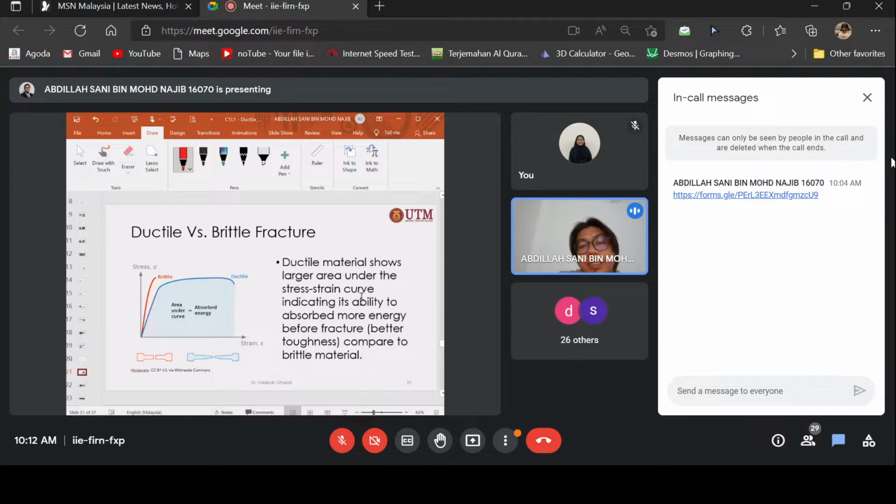So when you get the SS curve or stress strain curve from the tensile test, it gives you this curve, okay, this curve. So usually a brittle material, the Young's modulus will be high, it is stiffer.